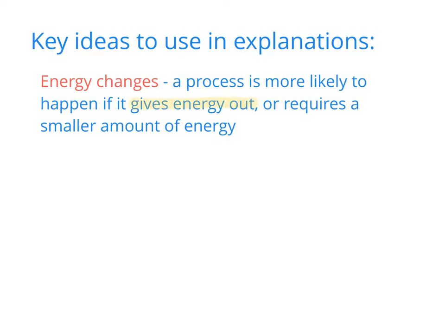So exothermic processes are more likely to happen than endothermic processes as a rule. And then we can also compare if something does require energy, for example removing an electron from an atom, then a process that doesn't require so much energy in is more likely to give out energy overall.